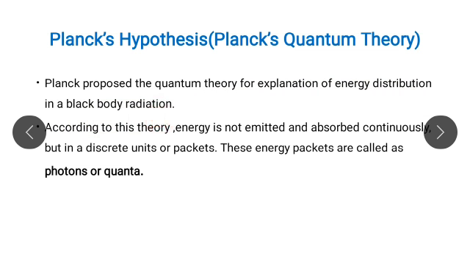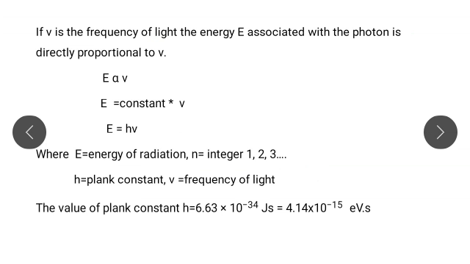According to this theory, energy is not emitted and absorbed continuously, but in discrete packets or units, and these energy packets or bundles are called photons or quanta. The photons are electrically neutral and they travel with the speed of light, and the radiation is considered as a shower of photons.